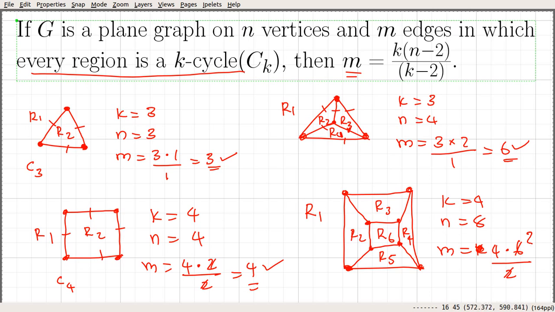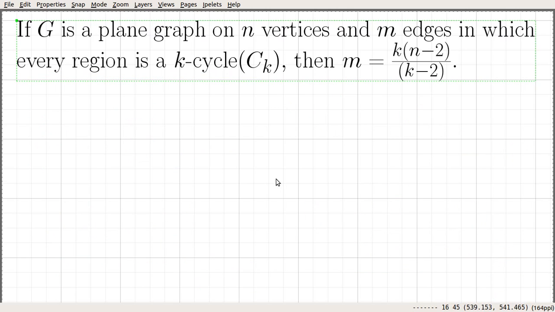So 4 times 3 is equal to 12. Let's see whether we get the answer correct: 1, 2, 3, 4, 5, 6, 7, 8, 9, 10, 11, 12. So this graph does satisfy this. It worked for these 4 graphs, so let's go and prove it for the general case.